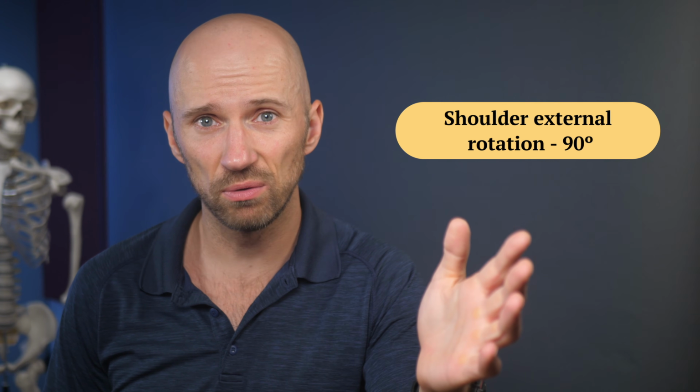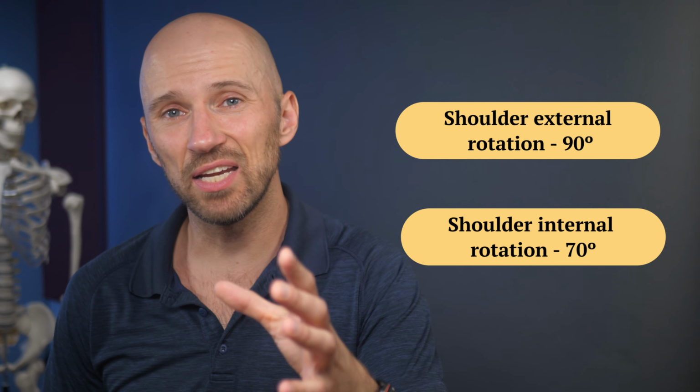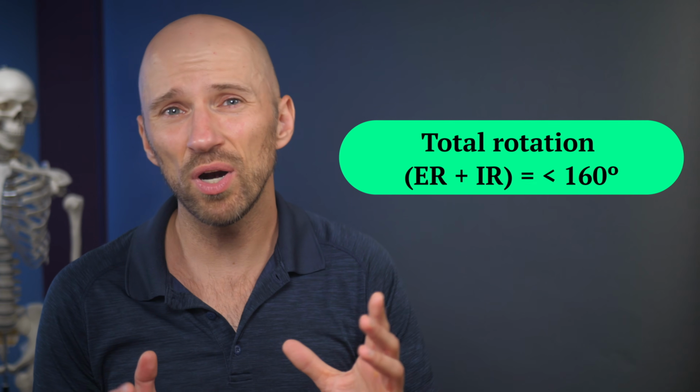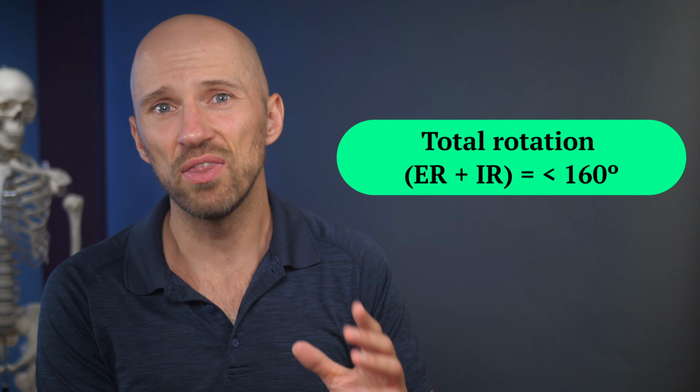Normal ranges are 90 degrees of external and about 70 to 90 degrees of internal rotation. If the total arc of rotation, the combination of external and internal, is less than 160 degrees, then your odds of having this increase. We can get more precise with that though.